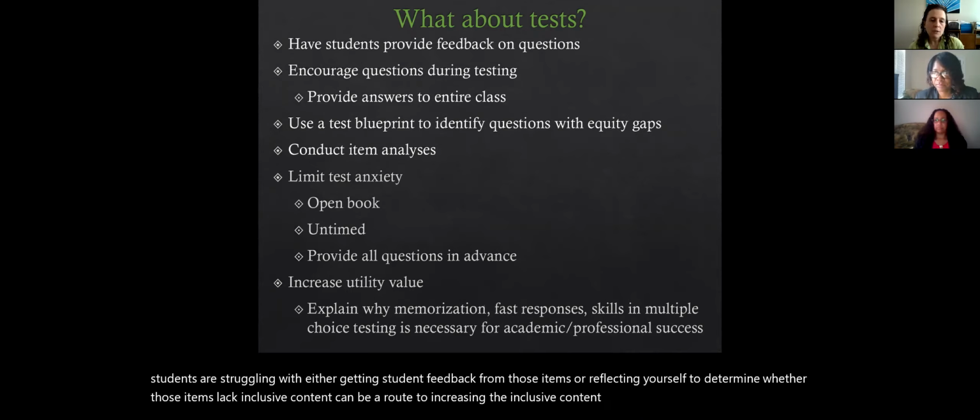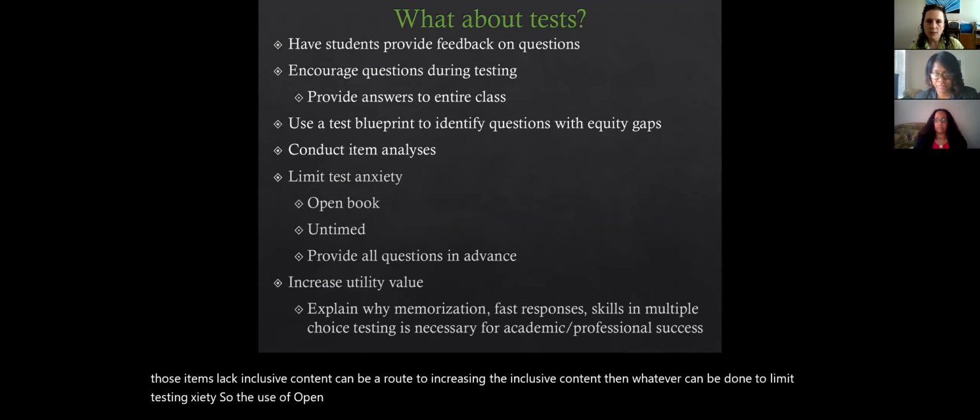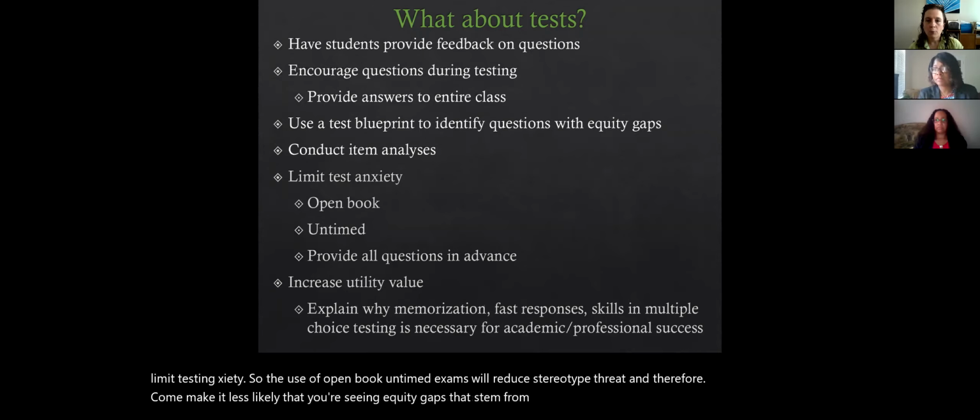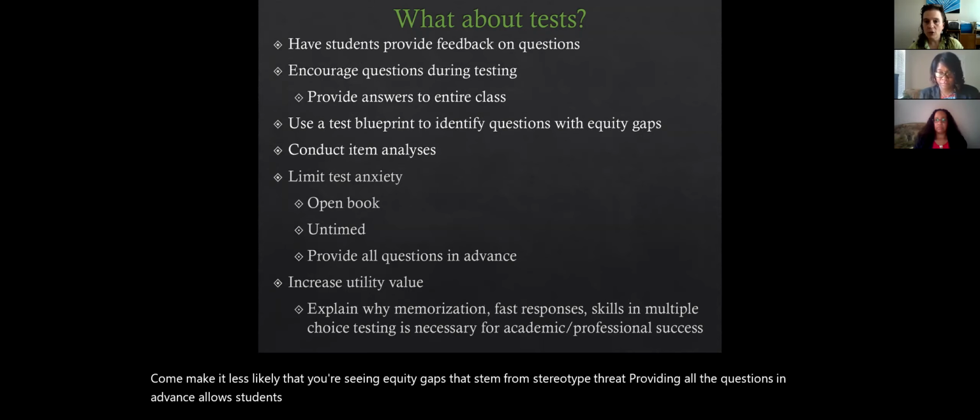Then, whatever can be done to limit test anxiety. The use of open book untimed exams will reduce stereotype threat and therefore make it less likely that you're seeing equity gaps that stem from stereotype threat. Providing all the questions in advance allows students to prepare and ask their questions in advance.